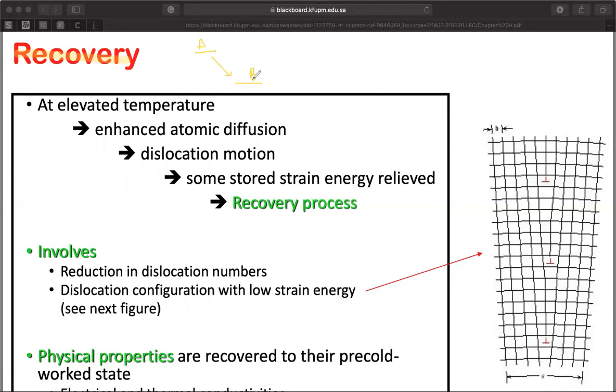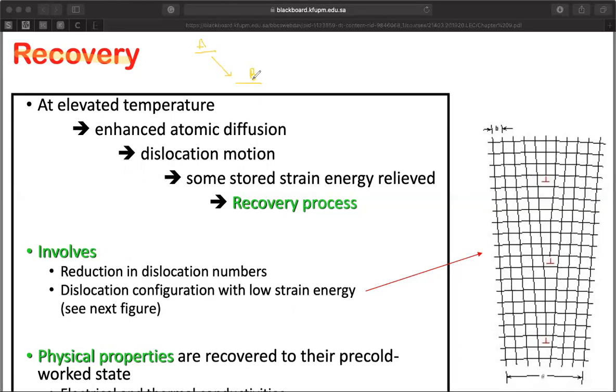As I mentioned in the beginning of this lecture, if you start to provide some resources, some help to the material, that help could be in terms of energy, like in this case, if you are heating up the material.